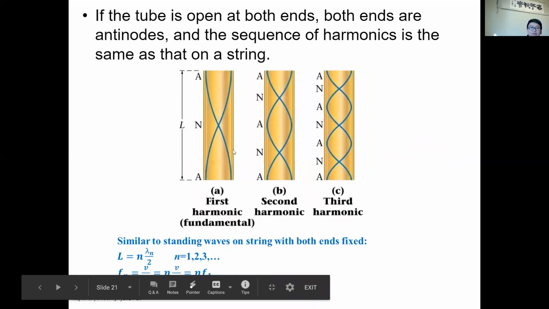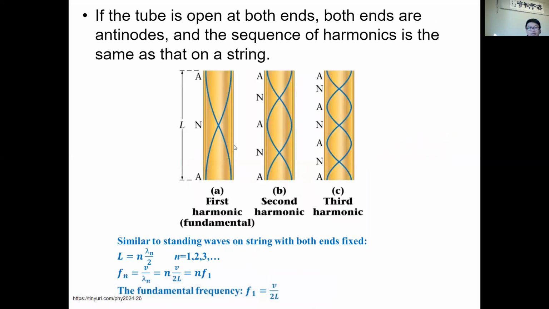If you have both ends of the air column open, then you'll have standing waves similar to a string with both ends fixed. On another note, if you have both ends of the air column closed, then you will have similar equations to the air columns with both ends open. So basically the same equations here.